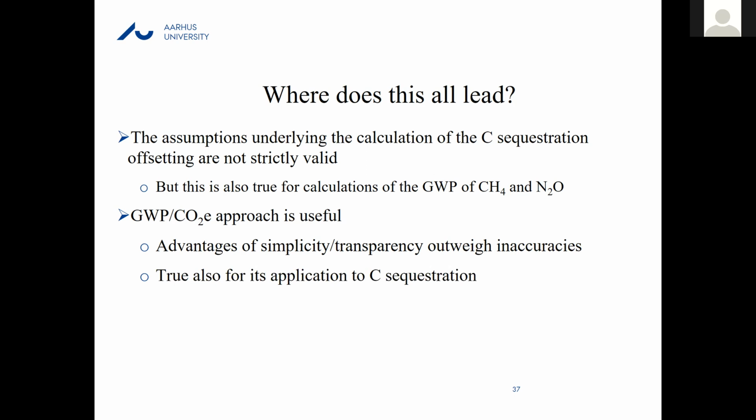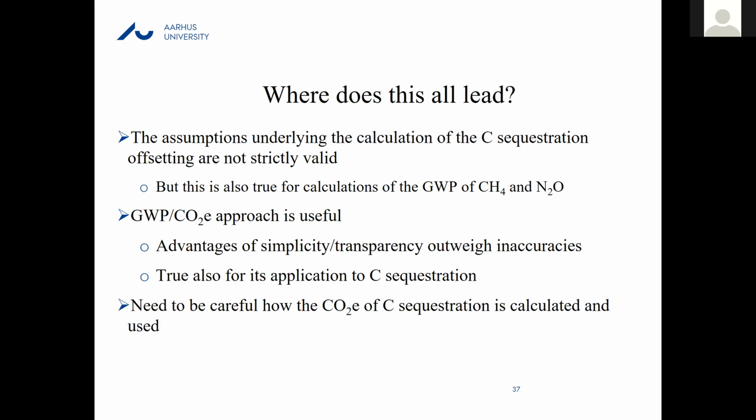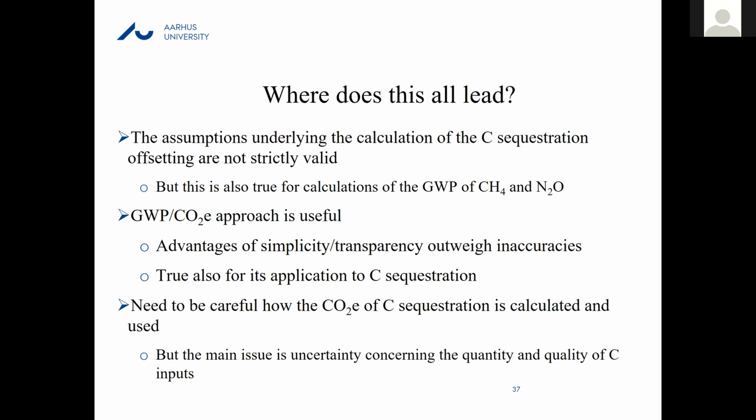That's also true if we apply it to carbon sequestration. However, it means that we need to be careful how the CO2 equivalent of carbon sequestration is calculated and then used. Nevertheless, the main issue with carbon sequestration is in uncertainty concerning the quantity and the quality of the carbon inputs.